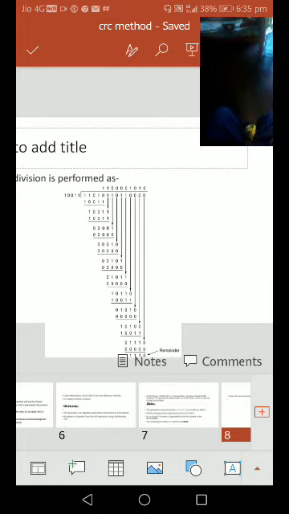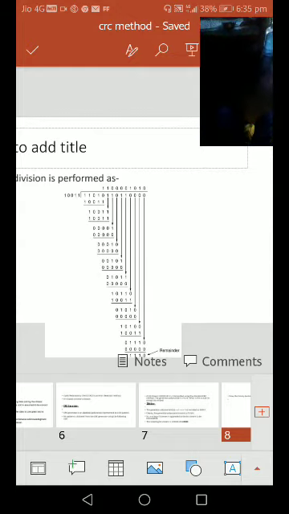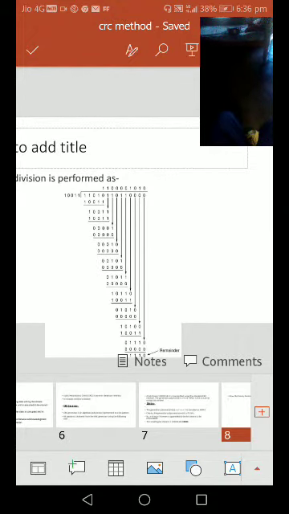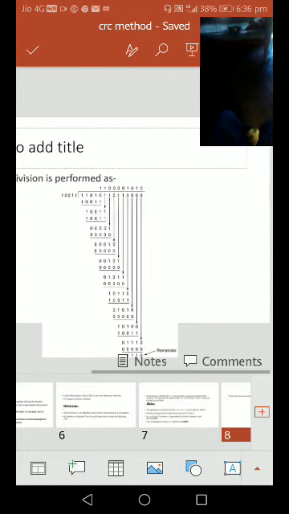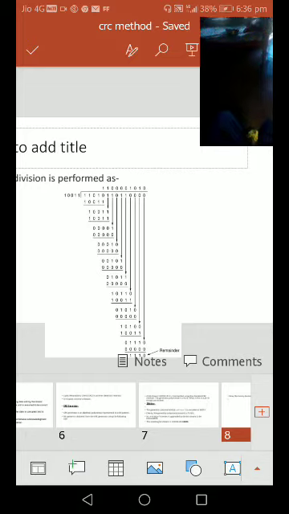According to the exclusive OR truth table, 0 0 gives output 0, 0 1 gives 1, 1 0 gives 1, and 1 1 gives 0. Then we consider one time, 10011 one time. Then 1 0 is 1, 1 1 is 0, 0 0 is 0, 1 0 is 1, and 1 1 is 0.